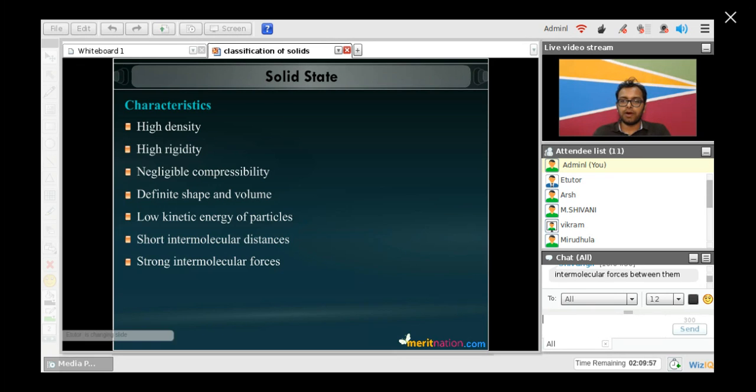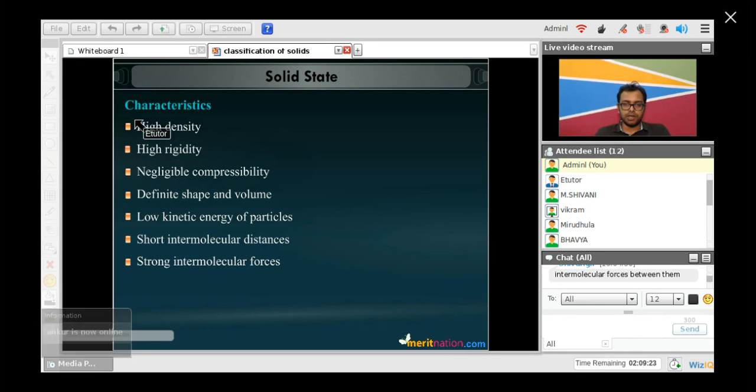Or you can see the intermolecular force of attraction in the solid is also very high, and that is why it has a definite shape and definite volume. Now these are the various characteristics of solids. The solids have high density and high rigidity, negligible compressibility, and definite shape and volume. Solids have low kinetic energy of particles, short intermolecular distances, and strong intermolecular forces, right?